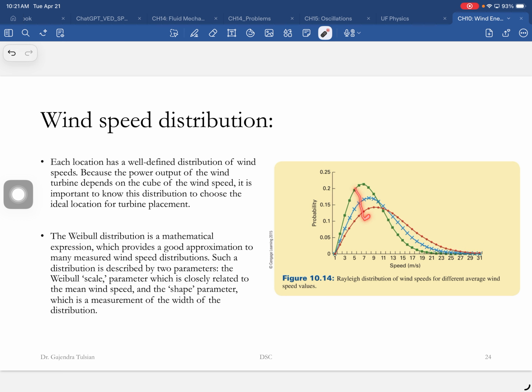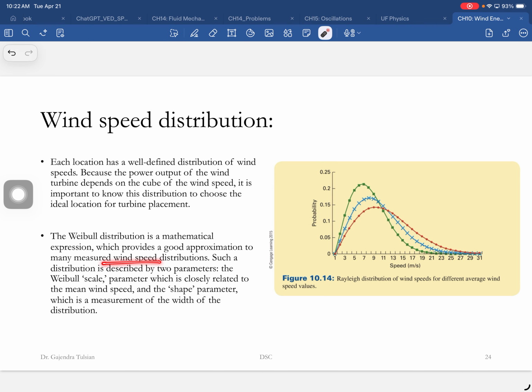So a company will measure this distribution, and this is called the Weibull distribution. It closely follows the Weibull distribution, which provides a good approximation to many measured wind speed distributions.